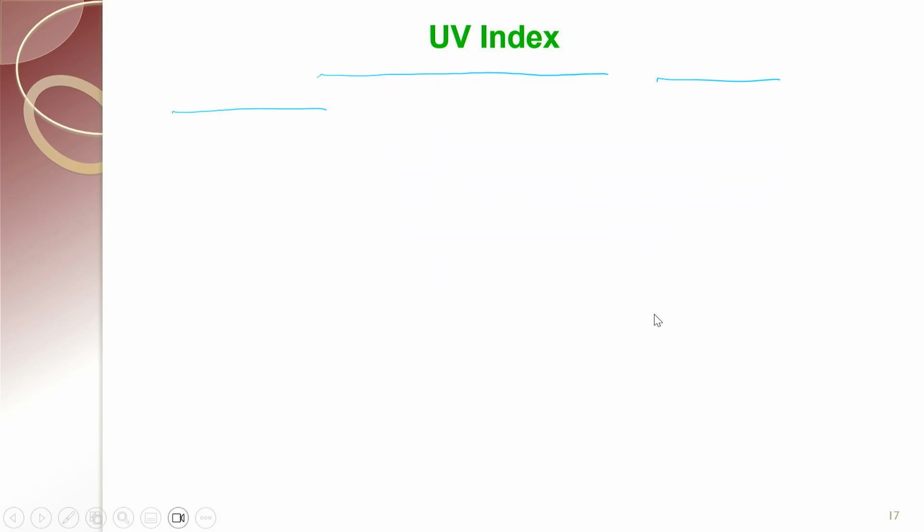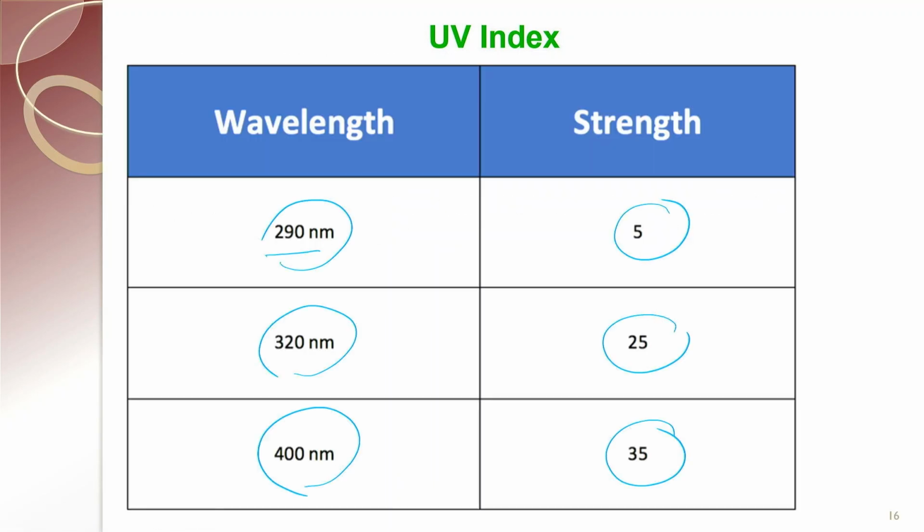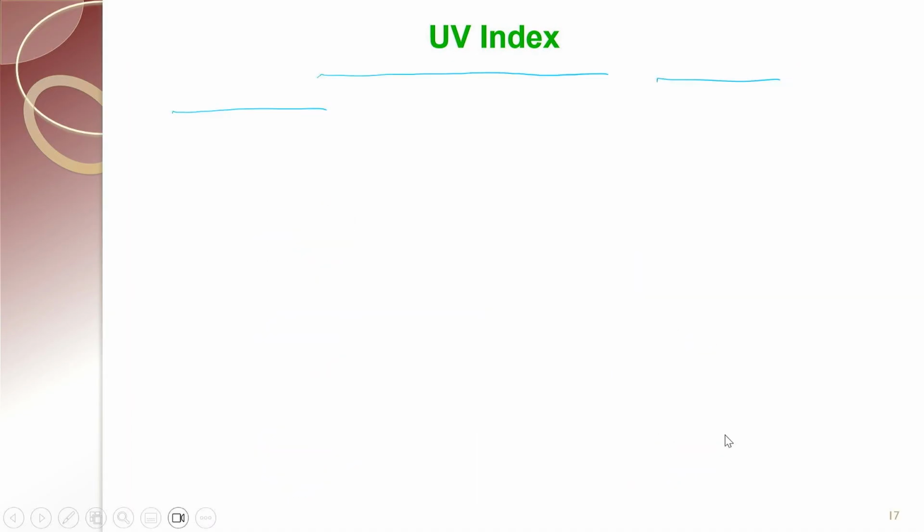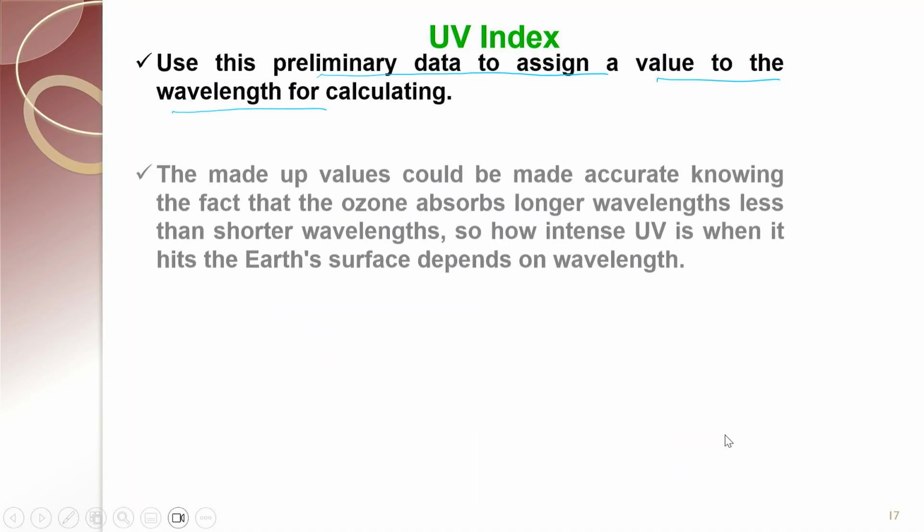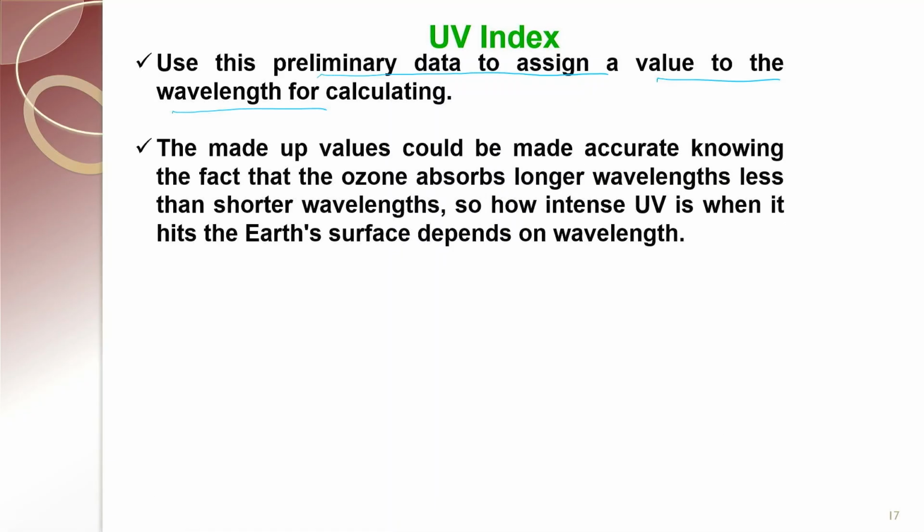So, for different wavelengths we have assigned some values. So, the made up values could be made accurate, knowing the fact that ozone absorbs longer wave less than the shorter wavelength.